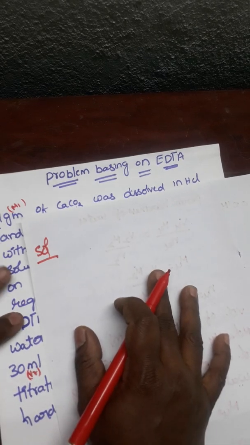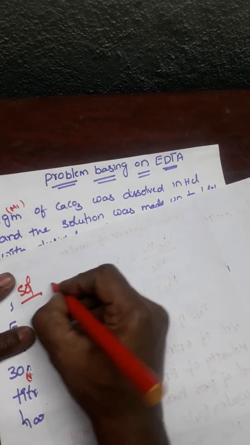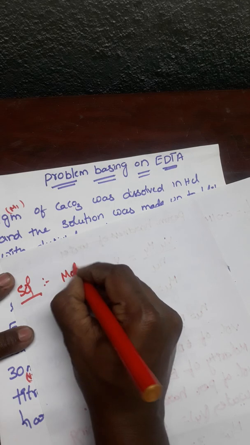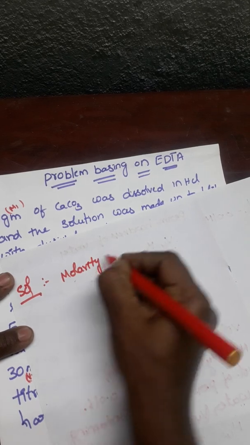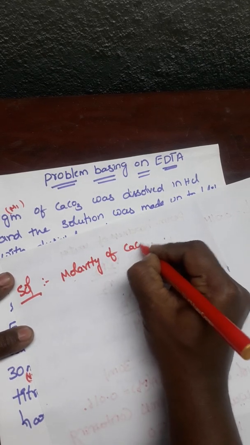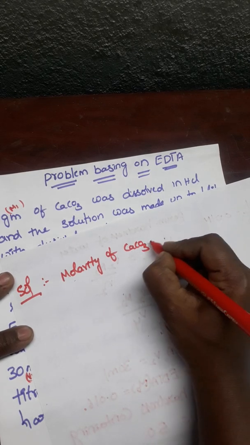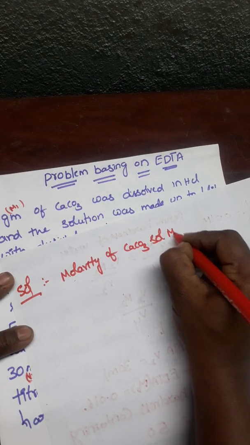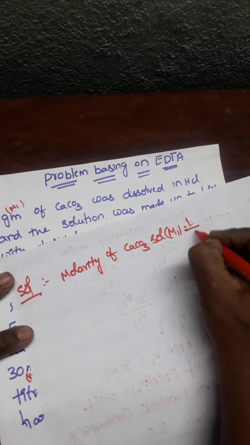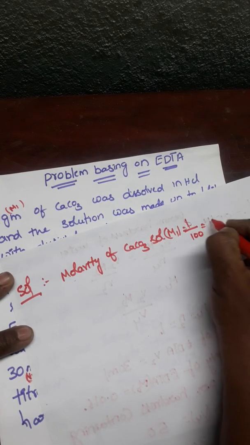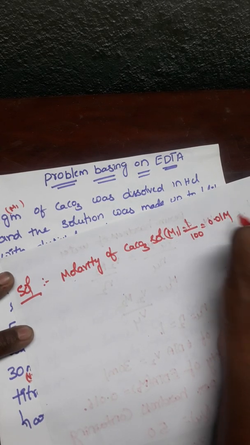Here, molarity of CaCO3 solution, that is M1, is equal to 1 by 100, that is equal to 0.01 molar.